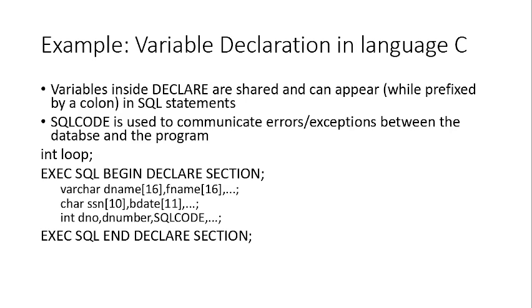So we'll be discussing variable declaration in C. The variables inside the declare section are shared and can appear in SQL statements, prefixed by a colon, which we have already seen.